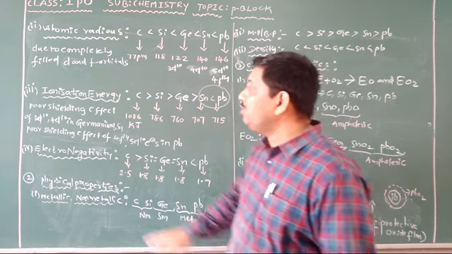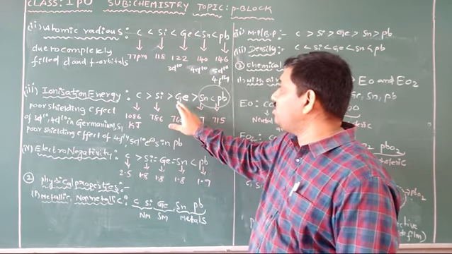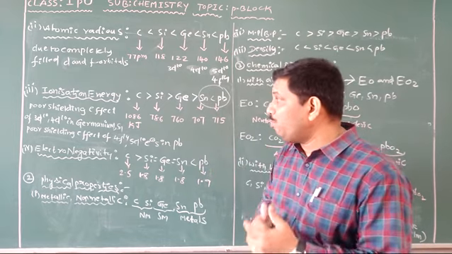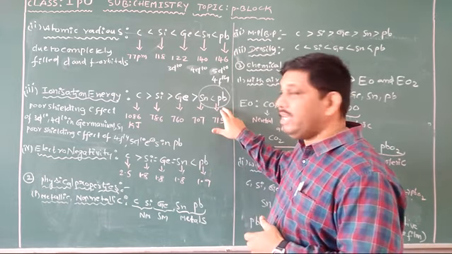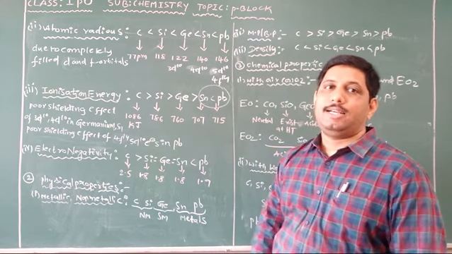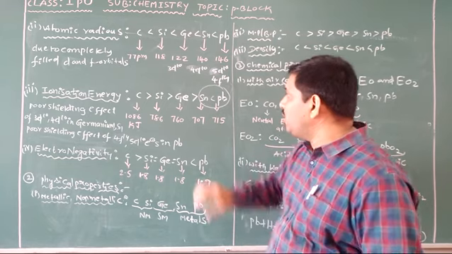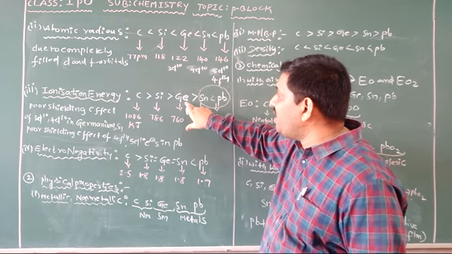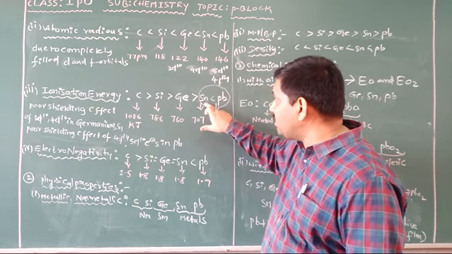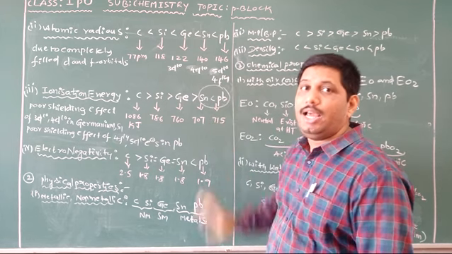The reasons are due to poor screening effect of 3d10 and 4d10 electrons in germanium and tin, and poor shielding effect of the 5d10 and 4f14 electrons in lead. Clear, students? Why is the variation observed in ionization enthalpies? Due to poor shielding effect of 3d10 and 4d10 electrons in germanium and tin, whereas in lead due to poor shielding effect of 5d10 and 4f14 electrons.